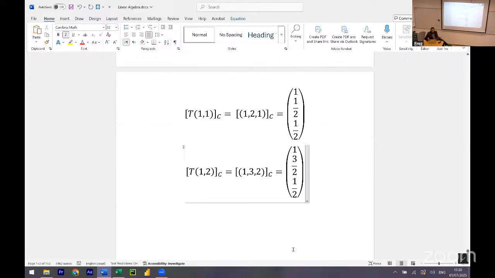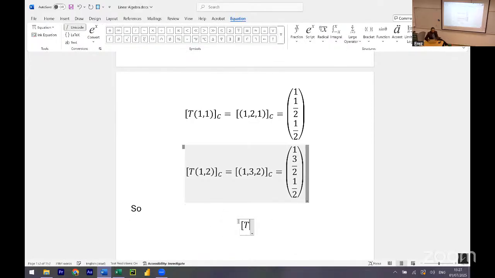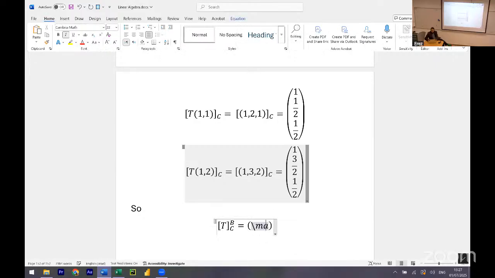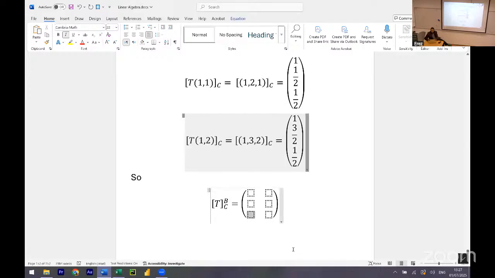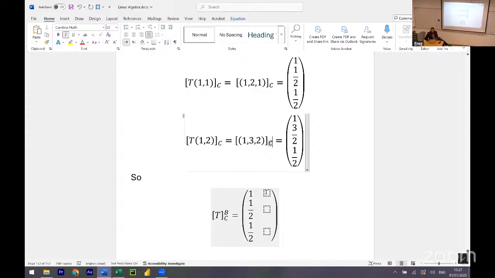So altogether, the representing matrix from B to C is 1, half, 1, 3 over 2, 1 over 2.